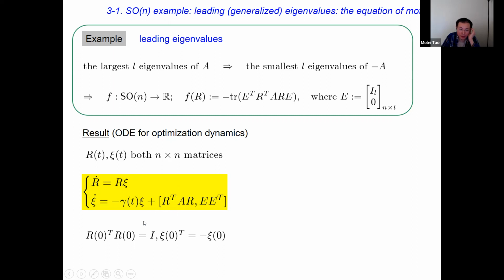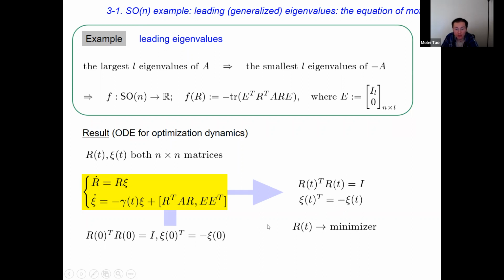And if your initial condition is consistent, meaning that initially R is special orthogonal and Kc is in the tangent space, which you can show corresponds to skew symmetric matrices, and then you evolve this dynamics, no matter how long you evolve, you preserve those geometries. So R will remain special orthogonal and Kc will remain skew symmetric. And moreover, this R will converge to a local minimizer of the objective function.